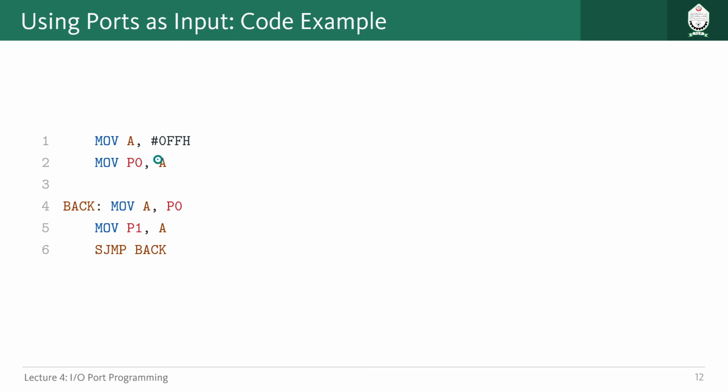Because we want to use our port 0 as input, we have moved FFH to register A, which is all ones, all 8 of them are ones. That value is moved to P0. So now essentially after this line, we can use our port 0 to get any kind of input from outside of the 8051.